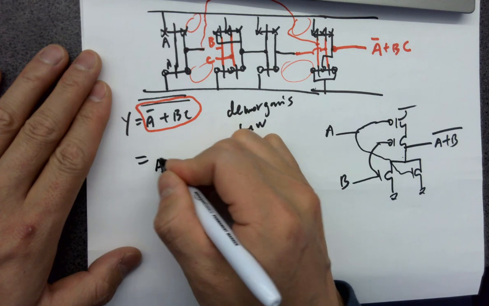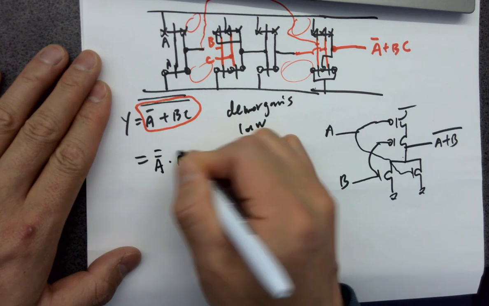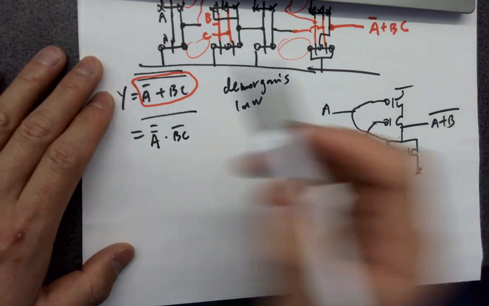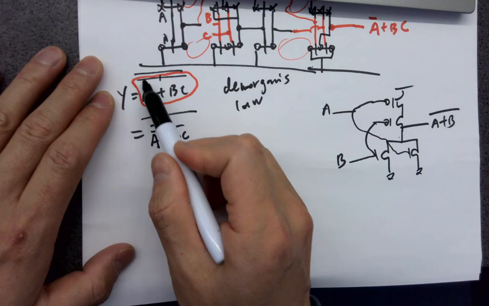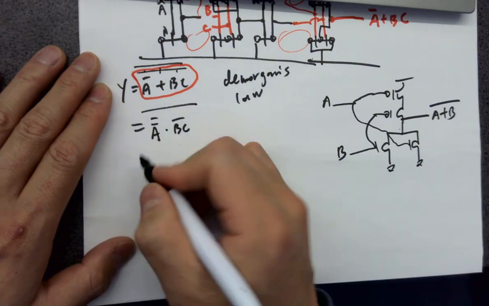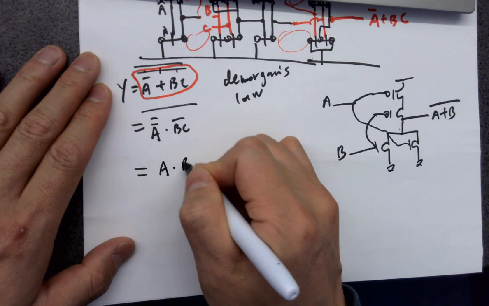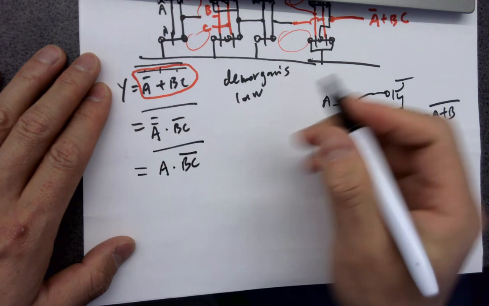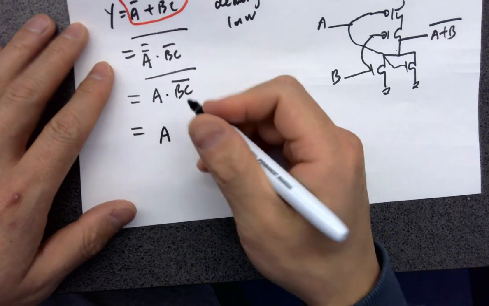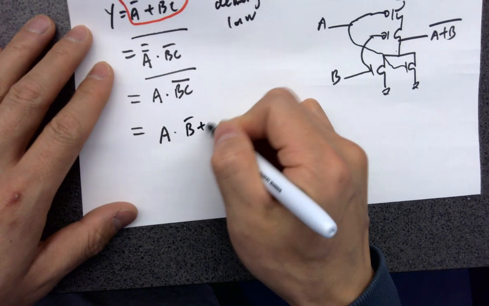So basically it becomes A not, not, and B C not, and bar, right? Split this bar and change the sign. So A not not, change the sign, B C not. And this is A and B C not. And this is also A and B not or C not.